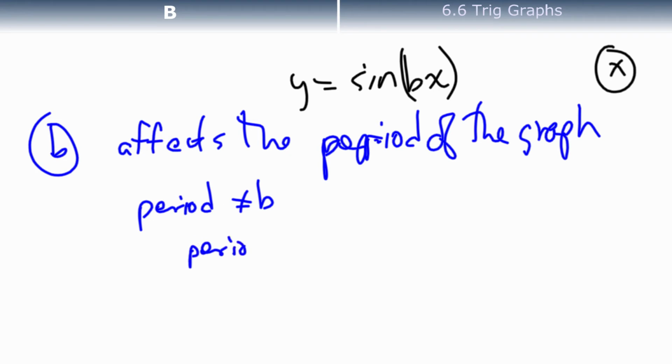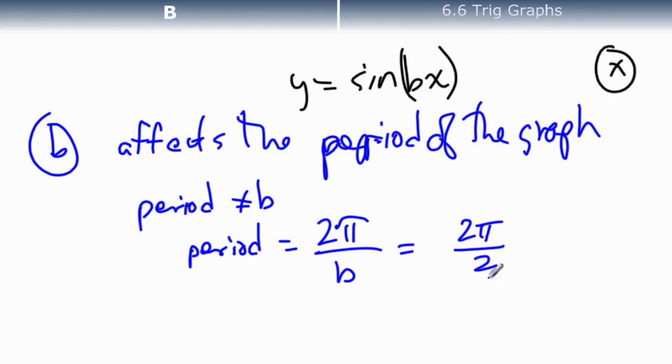But the period of the graph, how long it takes to repeat itself, is equal to 2 pi divided by whatever b is. So when we put a 2 in for b, we'd have 2 pi divided by 2. These cancel out. So the period of the graph would be pi, or 180 degrees.